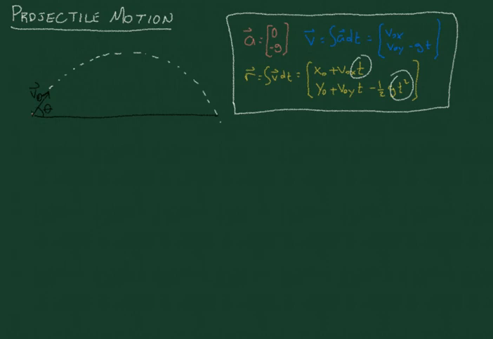Now if we make it a little bit sharper, well, that's a bit too sharp, but if we make it a little bit sharper, we would notice that it might go a little higher, but it's not going to go as far. We could make it a little shallower, and again, it would not go as high, and probably not as far, depending on how shallow and how long we make it.